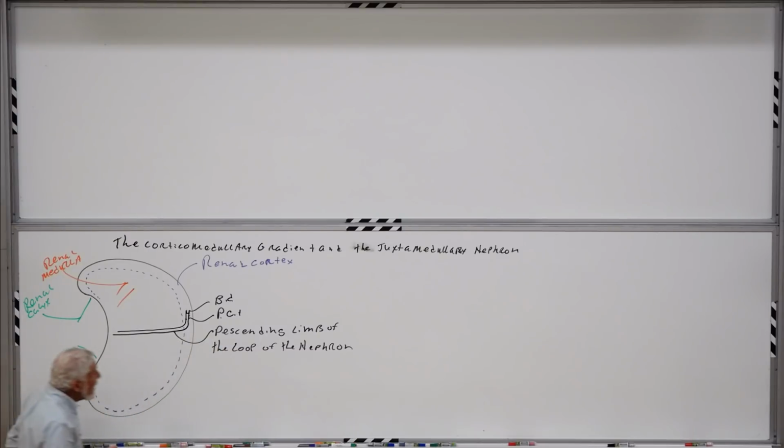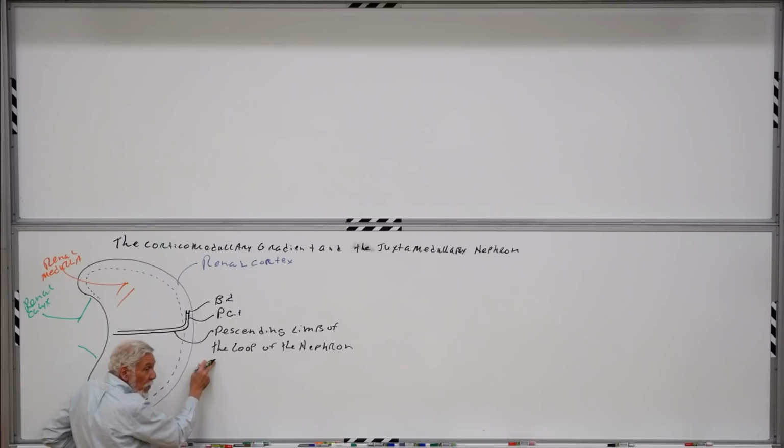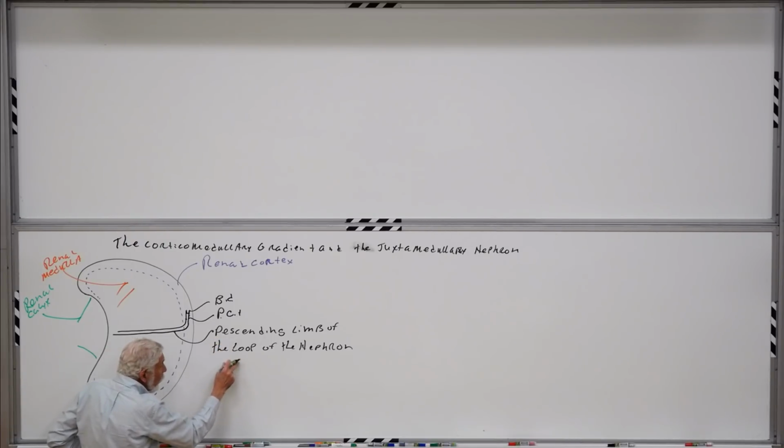Some of you may have seen this referred to as the loop of Henle. It's a term that's been used for more than a century, named after a 19th century histologist named Henle. We're trying to get away from these eponymous names and describe this more functionally as the loop of the nephron.